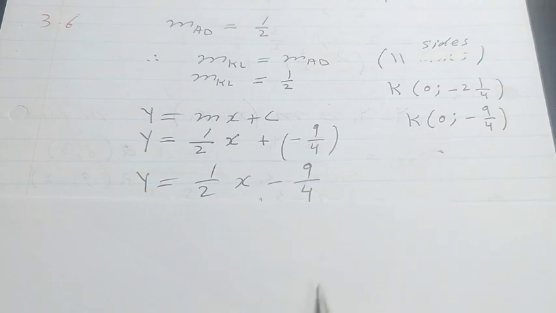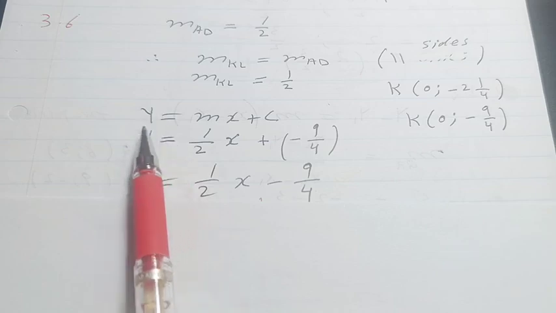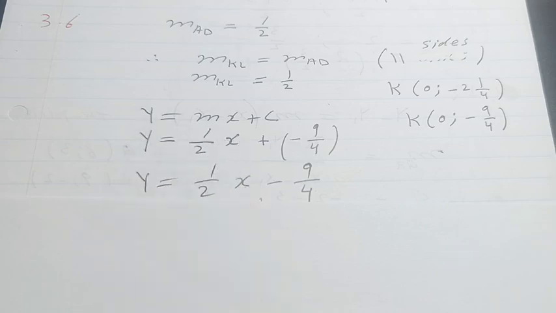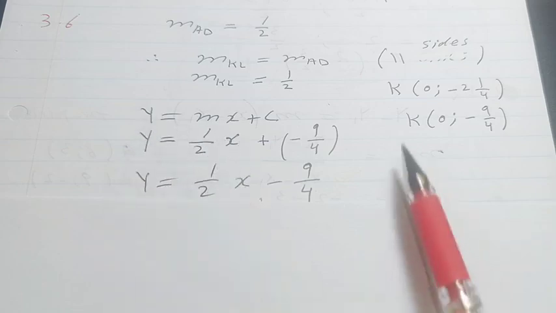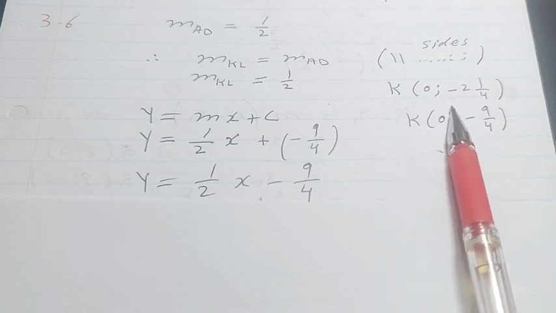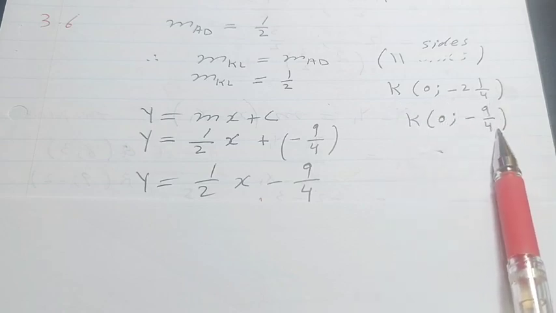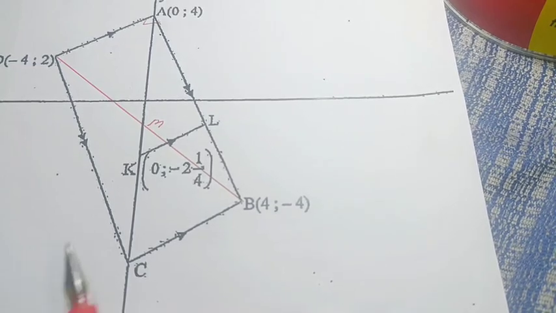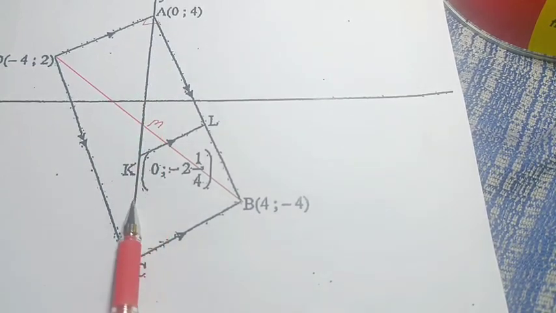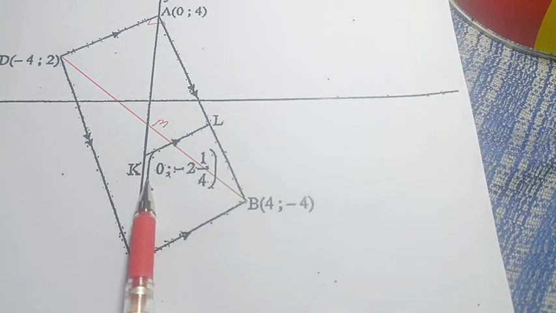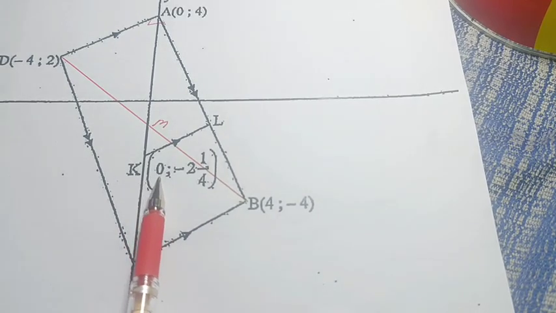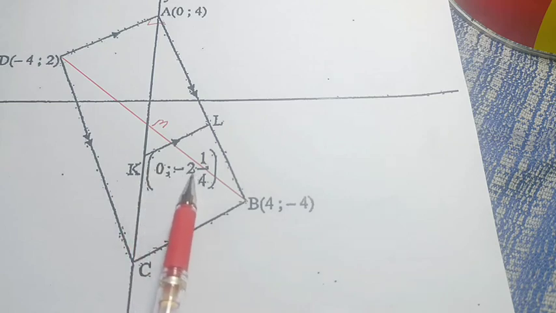Now I'm going to find the equation y = mx + c. For K, the coordinates are 0 and negative 9 over 4. K is lying on the y-axis, and on the y-axis the x value is equal to 0, which means this is the y-intercept.